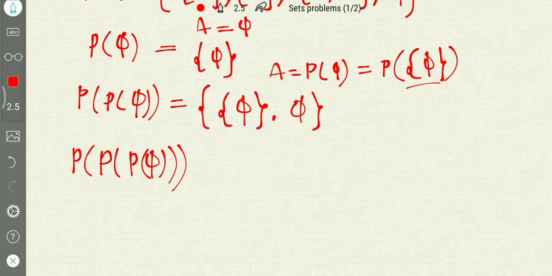Then for this, P of phi will be this one.